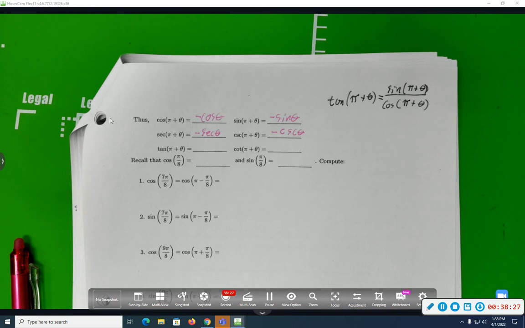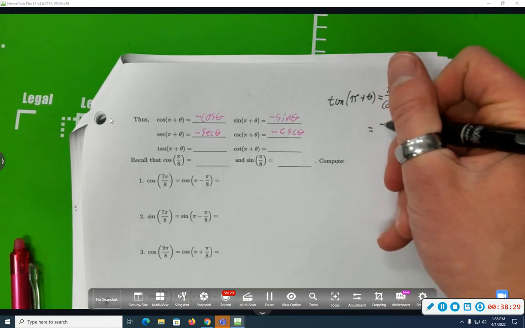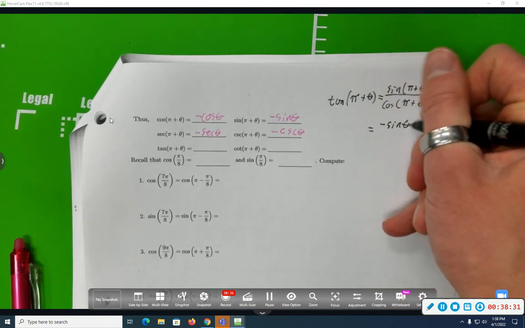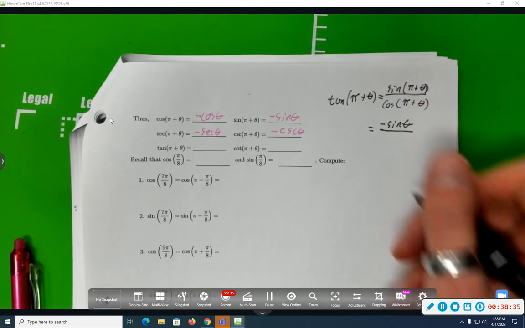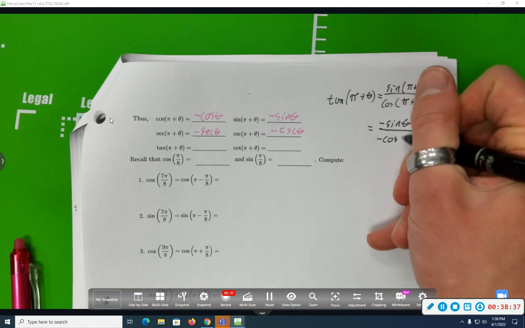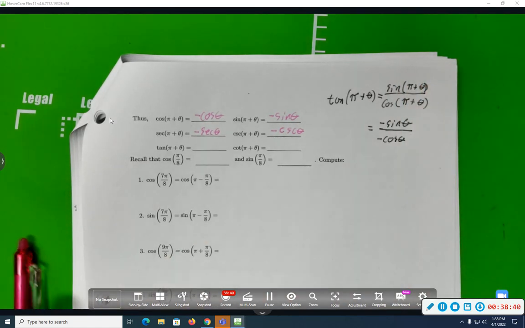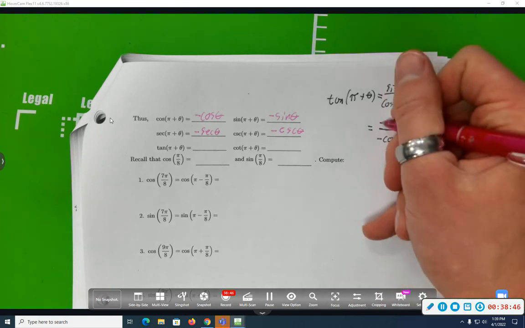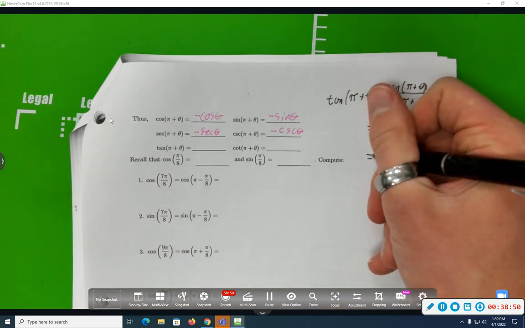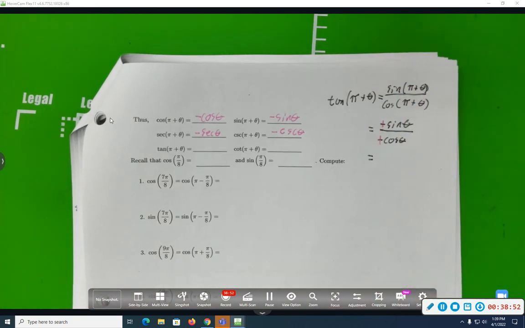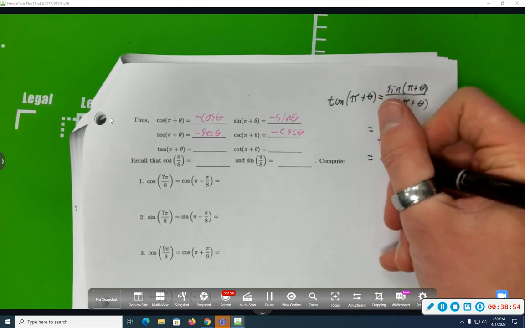It becomes negative what it used to be. So negative sine theta. Same thing, but with cosine. Cool. Do you see anything that simplifies? Yeah, dividing and multiplying by a negative, negative divided by a negative will become positive. So I just get sine theta over cosine theta, which is back to tangent.